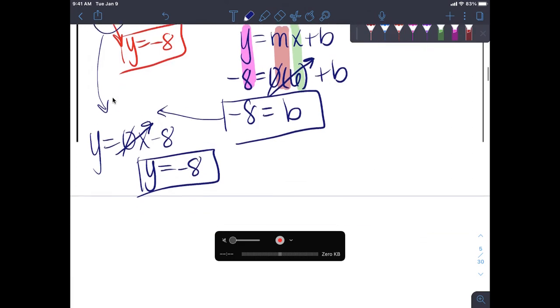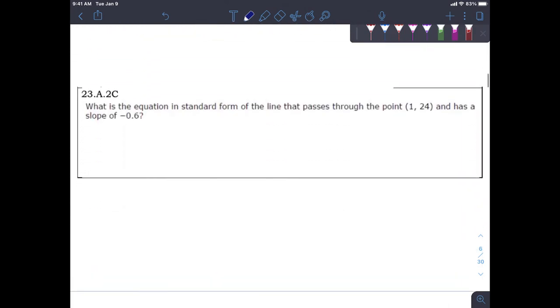All right, let's take a look at the next one. So here they want us to find the equation in standard form of a line that passes through this point and has a slope of that. Okay, so let us go ahead and get that plugged in. First step, y equals mx plus b. So I'm going to plug in my x value, my y value, and of course, my slope.